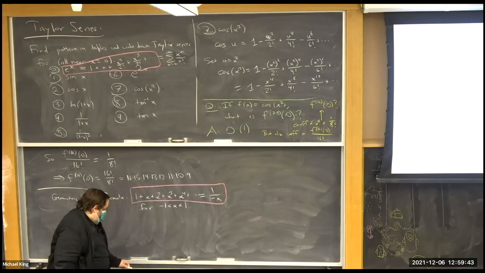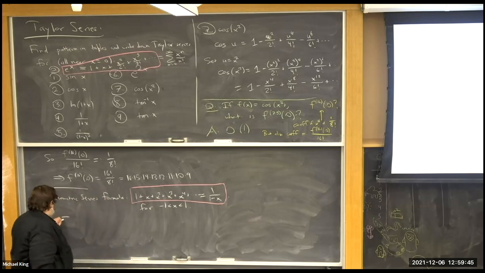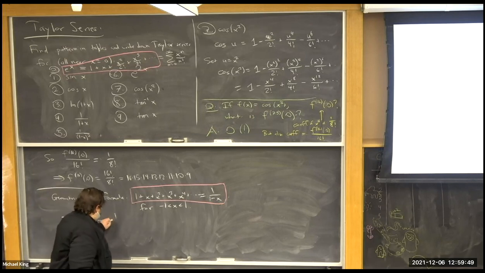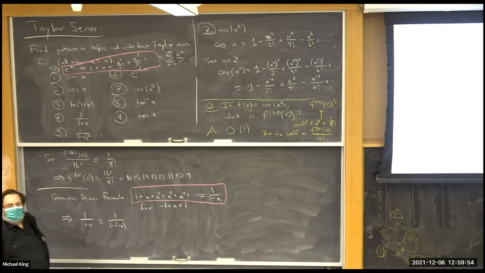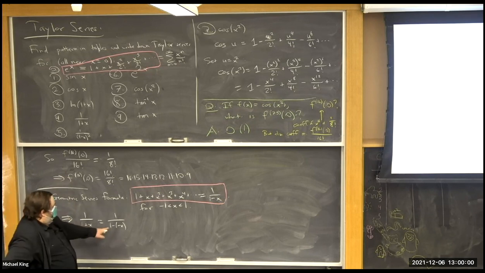And then now think about 1 over 1 plus x. I can rewrite that as 1 over 1 minus negative x, right? And so it's that same u substitution sort of thing, or I can just replace x with negative x everywhere.